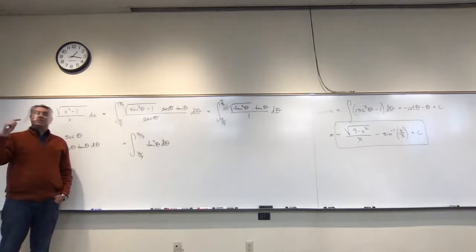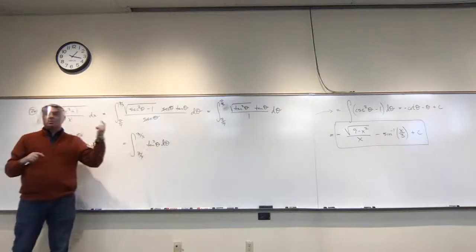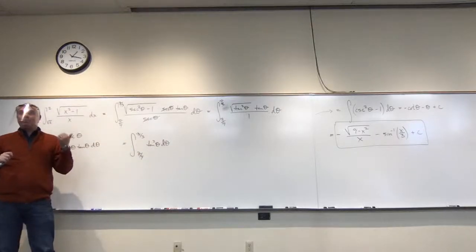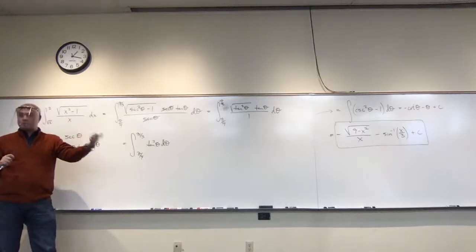And now I need to use the exact same trick that I did last time, where I changed the tangents to secants. So 1 plus tangent squared theta is secant squared theta. So tangent squared of theta is secant squared theta minus 1.